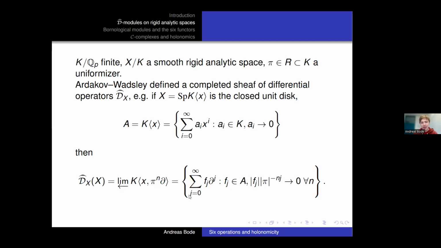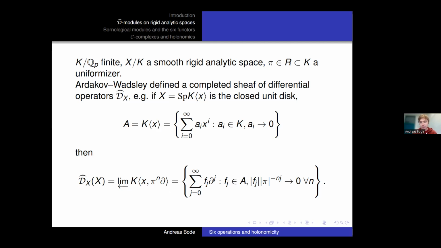If I rescale everything by pi to the n, for an arbitrary integer n, then this still goes to 0, still converges. Okay? So each of these is naturally a Banach algebra. So the gadget that I have here is a natural inverse limit of Banach algebras, so a Fréchet algebra. This is the object that I'm concerned with.